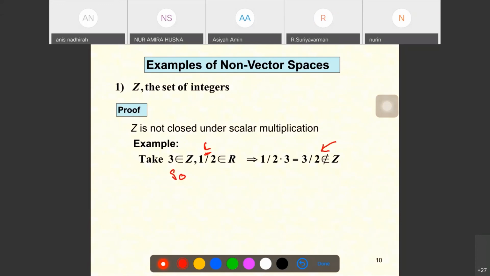Doctor, if in Z we take one integer, any real number, like 3, let's say, and then C we take like 4, and then when we times we get 12. So it is closed under scalar multiplication, right? No, now remember, in order for Z to be closed under scalar multiplication, it should be true for all, not just for some. Oh, okay.